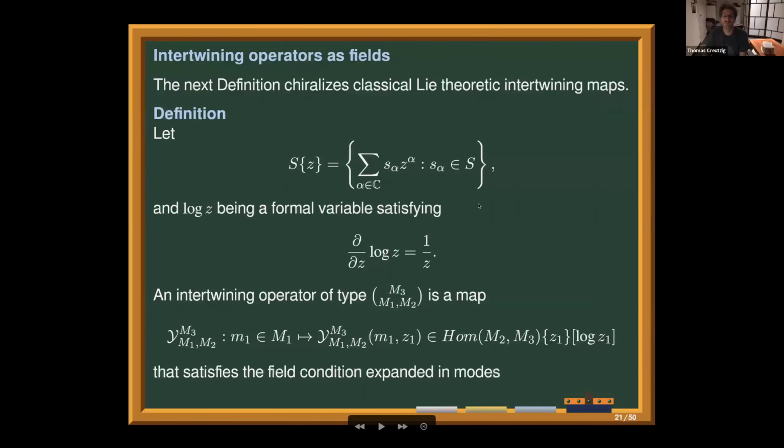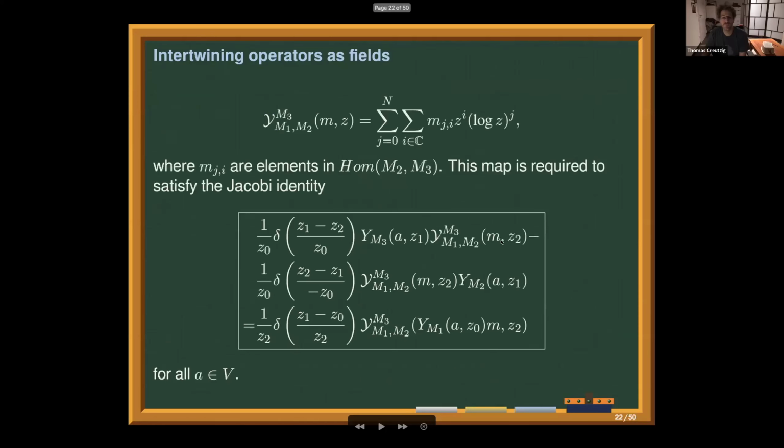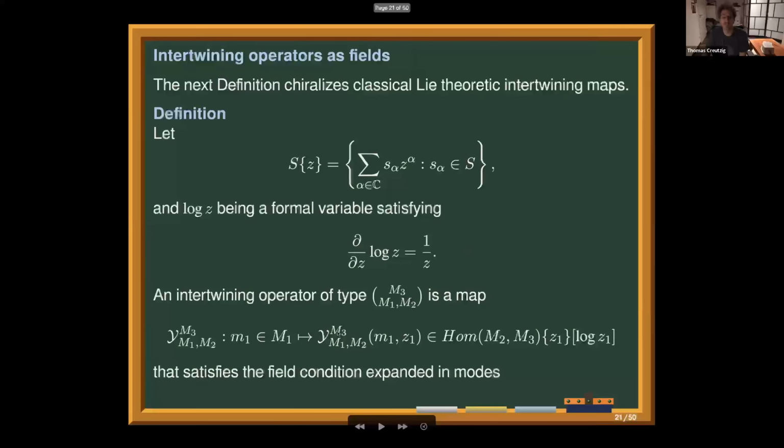Now one allows complex exponents, and one can also allow the logarithm of the variable to appear. Then an intertwining operator is defined very similarly to fields as before.